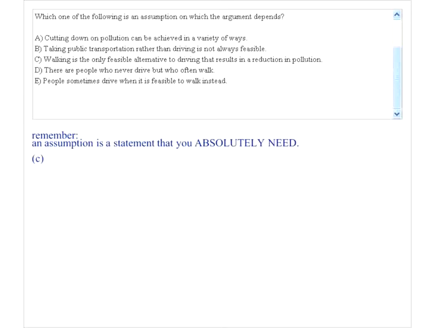C says that there is no other way to reduce pollution besides walking. All right, now that is not a necessary statement, because that's not what this passage is concerned with.